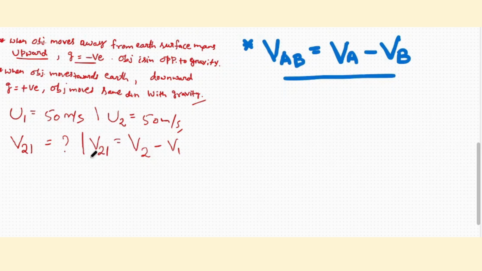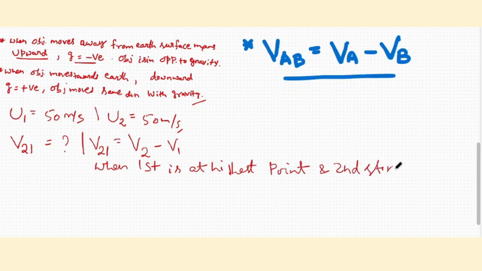The relative velocity of the second stone with respect to the first stone is asked when the first stone is at its highest point and the second stone has not reached the ground. So I think all of us can guess what V1 is.